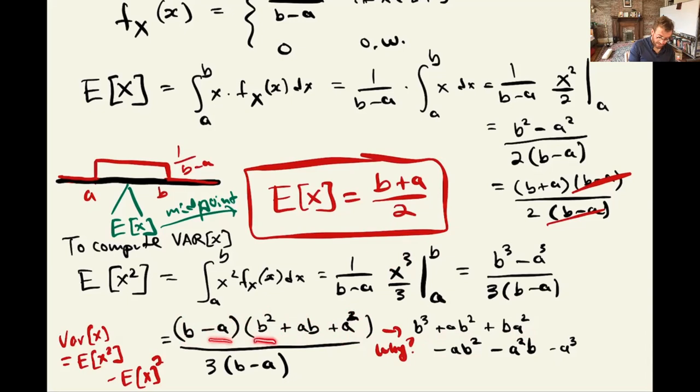Minus a times ab gives me minus a squared b. And then minus a times a squared gives me minus a cubed. Luckily, some things cancel. That cancels, that cancels, that cancels. And I'm left with the b cubed minus a cubed I promised. Again, this is handy because now I can cancel out these factors.